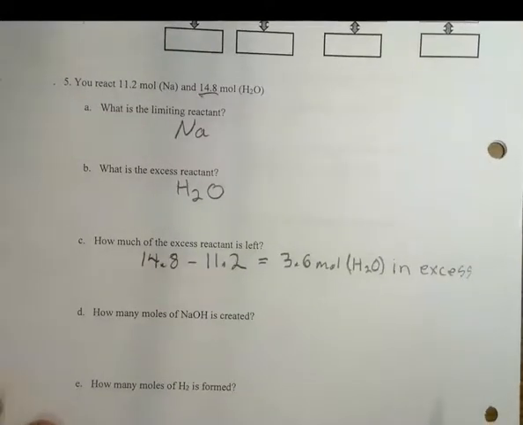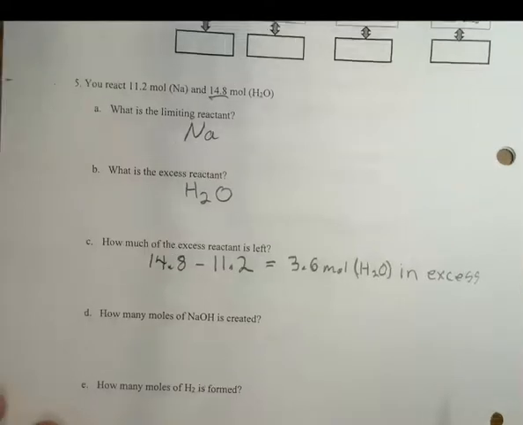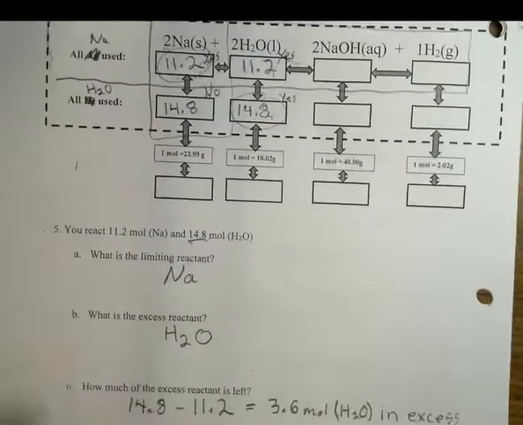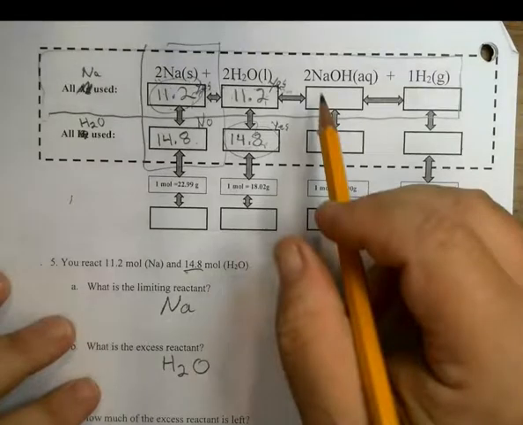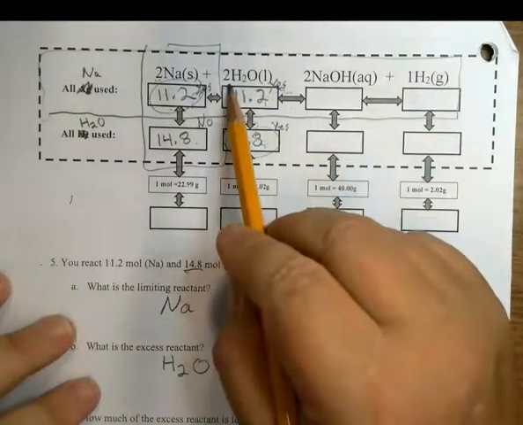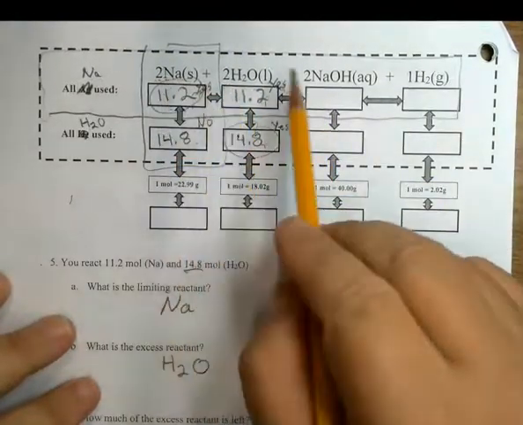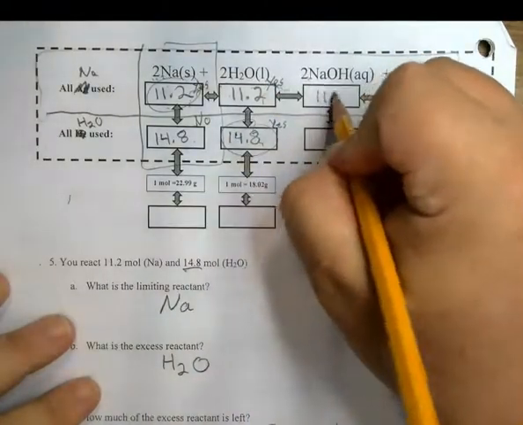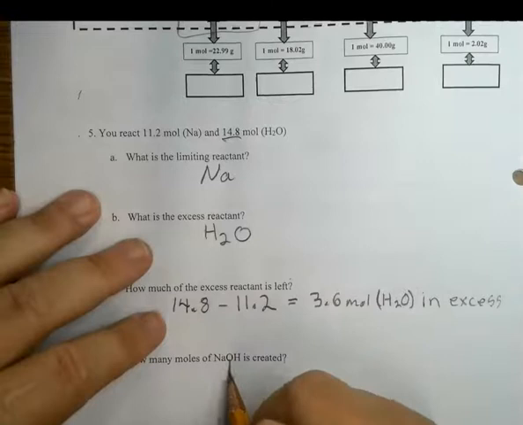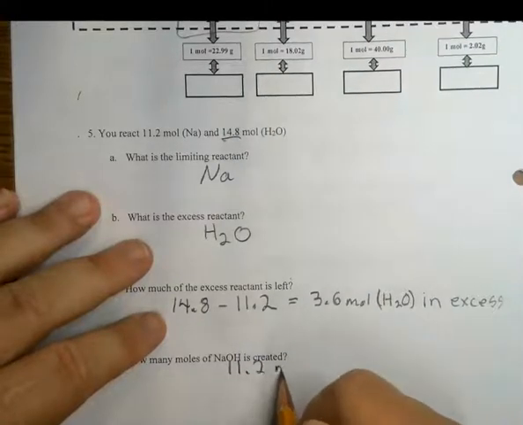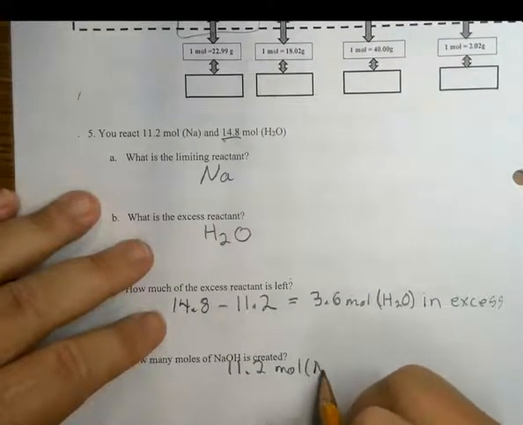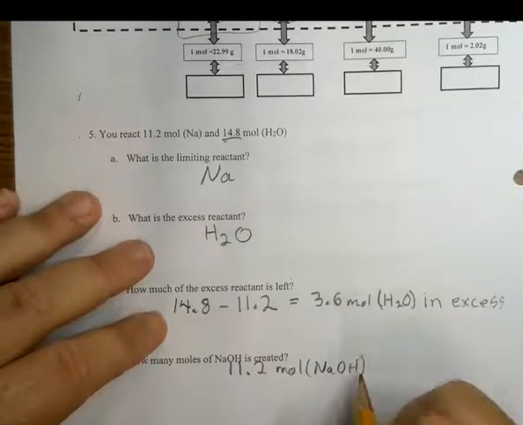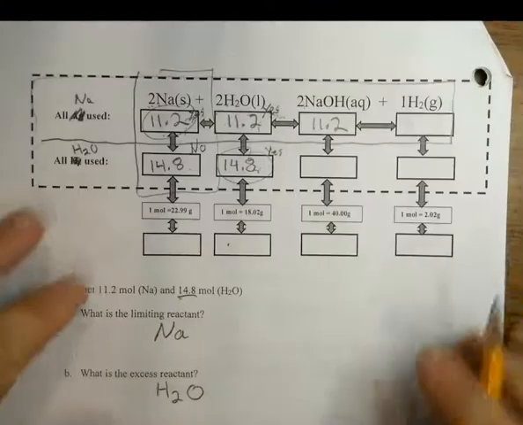How many moles of NaOH is created? Well, that's another easy one. We're creating the same number of moles of NaOH as either of these two. 2, 2, 2. It's the same relationship. So that's going to make this 11.2. Okay, good for that. And finally, how many moles of H2?